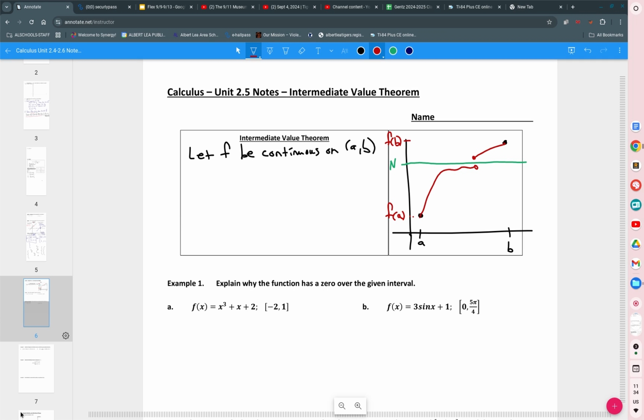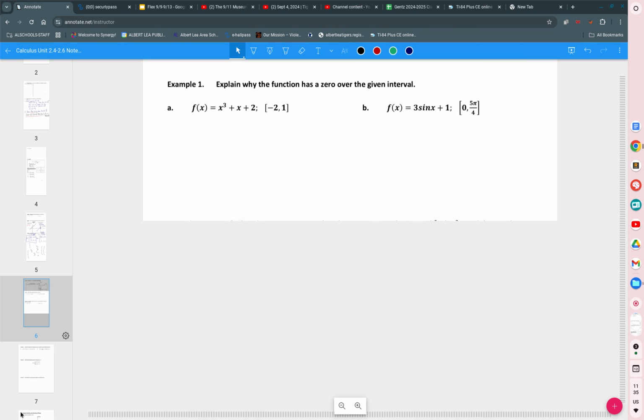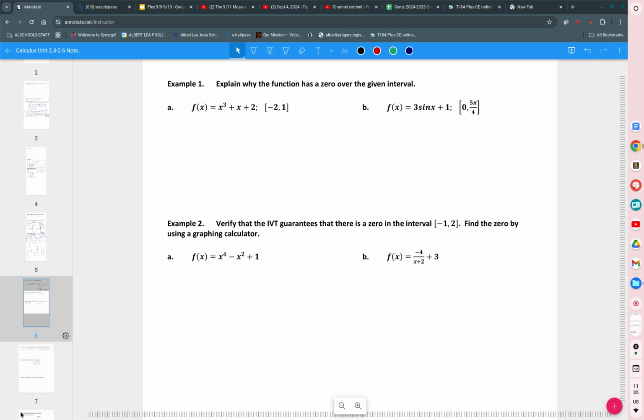You can't. As opposed to writing out all the jargon that goes with it, I'm just going to describe it like that. And so the application is quite simple for us. It says in this situation, for example, suppose we want to explain why this function has a 0 over the given interval. A 0 means it crosses the x-axis.